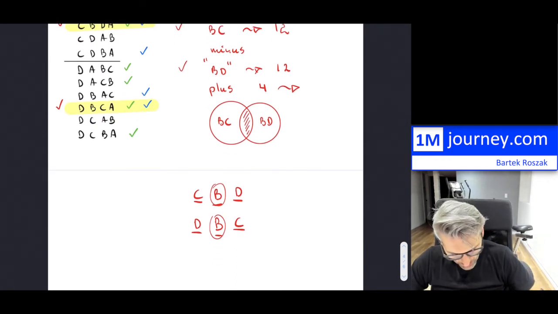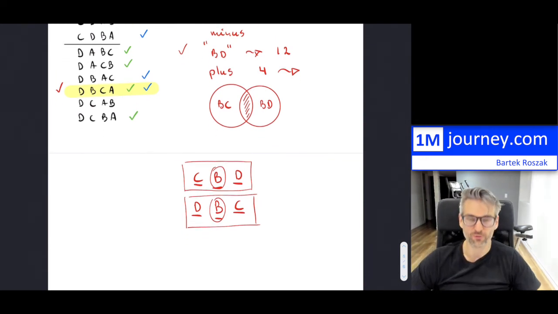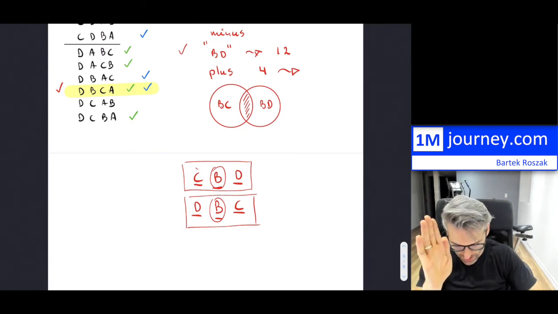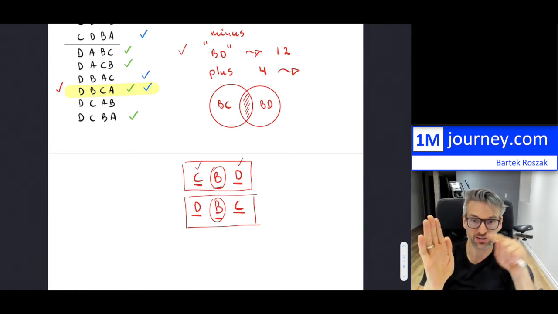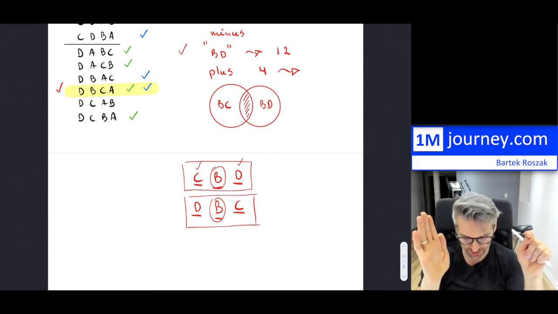Now this acts as one unit. We have two different ways of arranging this with B in the middle. The only ones that can swap are the C and the D. The B can't swap with any of them because then it's not going to be counted twice.